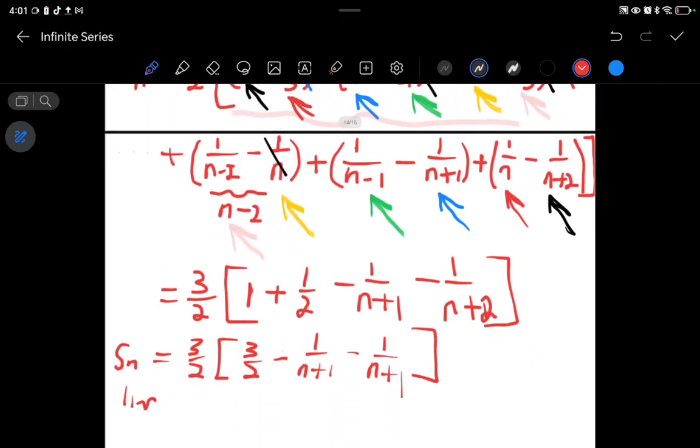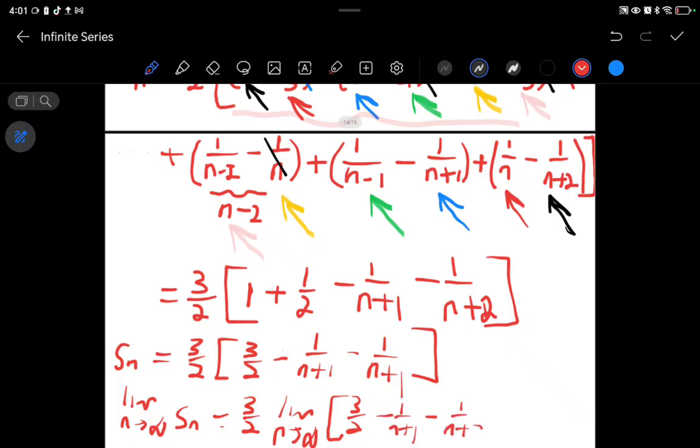So I'll have the limit as n approaches infinity of Sn, which is the limit as n approaches infinity of 3/2 minus 1/(n plus 1) minus 1/(n plus 2). And this would give us what? It would give us 9/4. We agree right there. So we know that this sum converges to 9/4. So we can stop here.